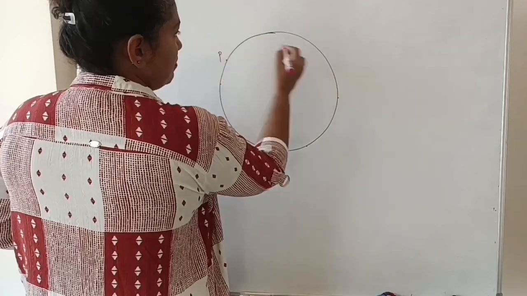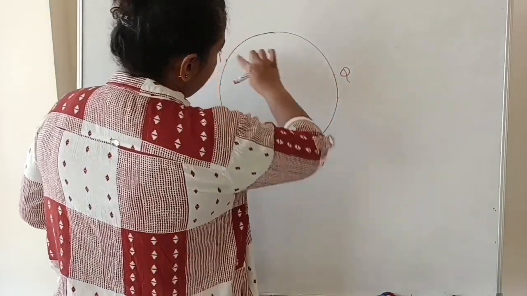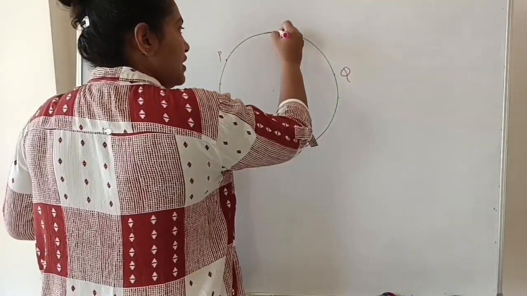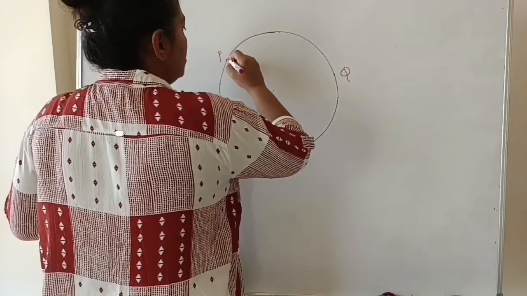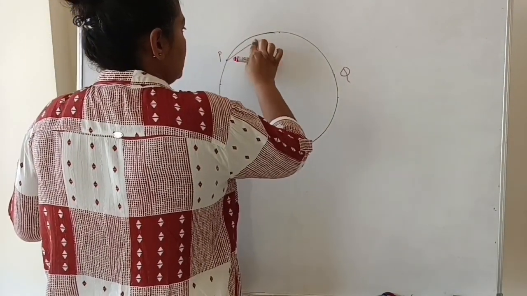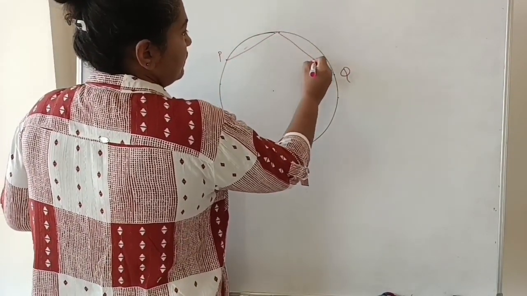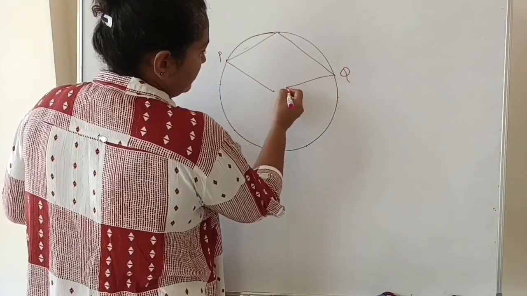Now, let it move a little more upwards, creating a major arc over here and a minor arc here. I am taking a point on the remaining part of the circumference of the circle to be subtended by PQ. And I join PQ to the center.